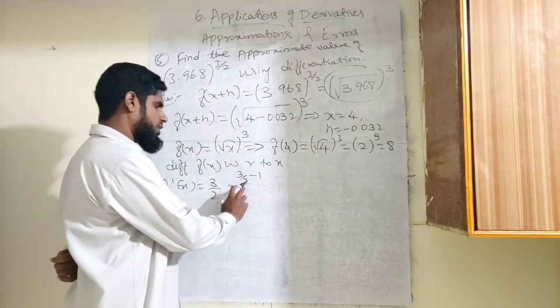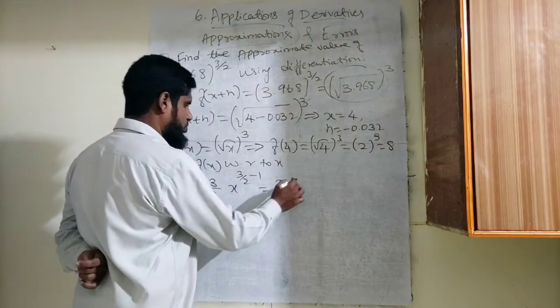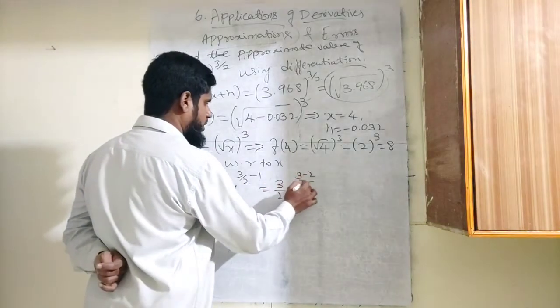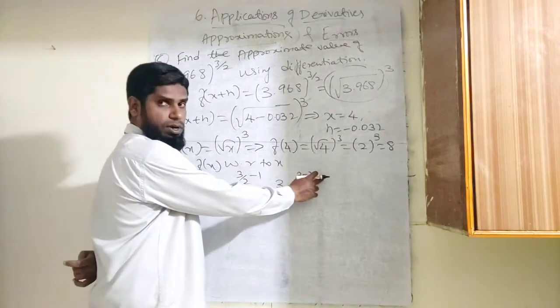The LCM is 2, 3 minus 2 by 2, and 3 minus 2 is 1.